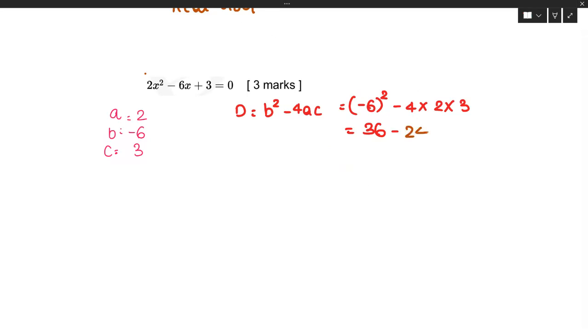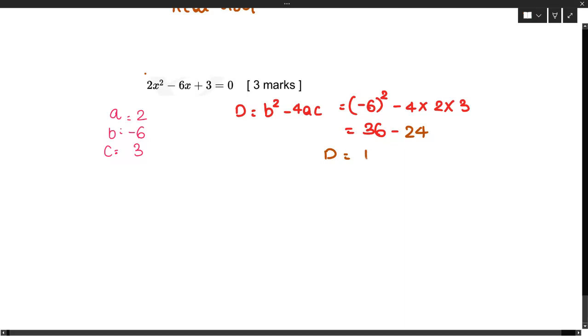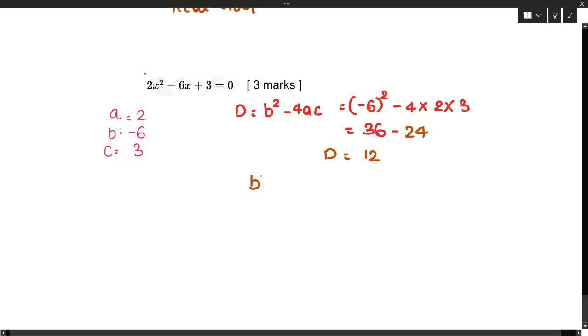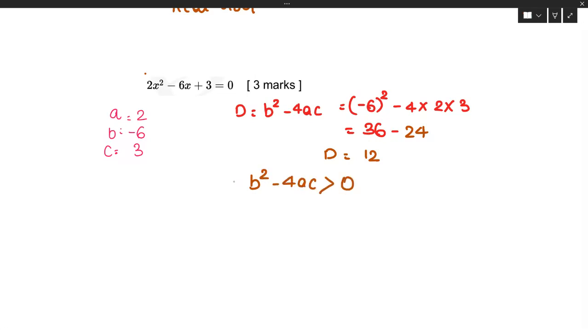Minus 24. Okay, so the value of D is coming to a positive number, which is 12. So discriminant is greater than 0, not equal to 0.